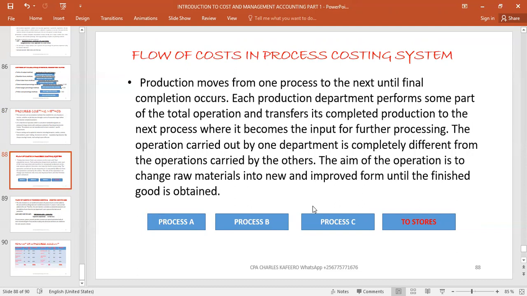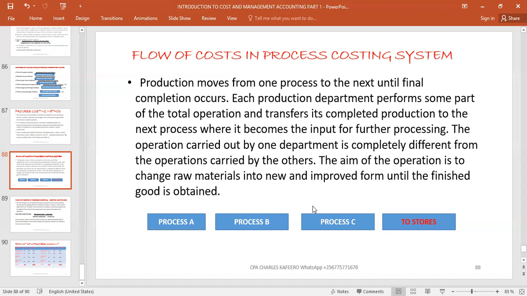If you put in raw materials, let's say in process A, it moves from process A until we reach the final process that gives out the final products, and we take those products to the store. When that process is occurring, there are some things we have to note.